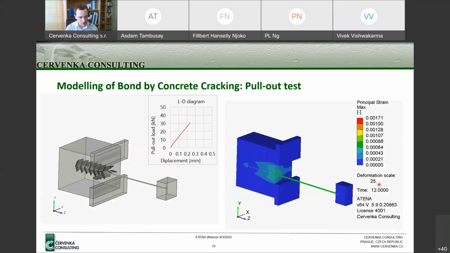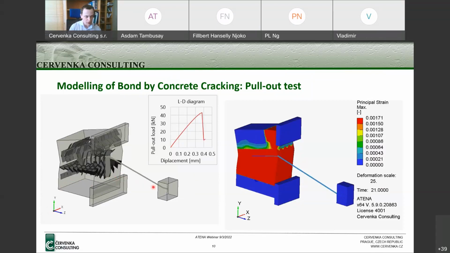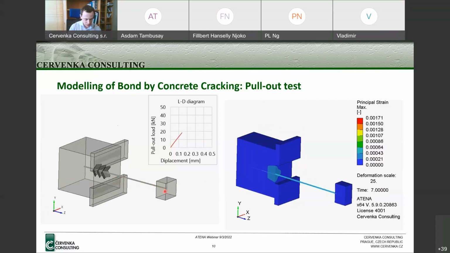Here you can see what actually happened inside the concrete during the pullout test. On the left image, you can see how the cracks occurred when the pullout load is applied to this end of the reinforcement.